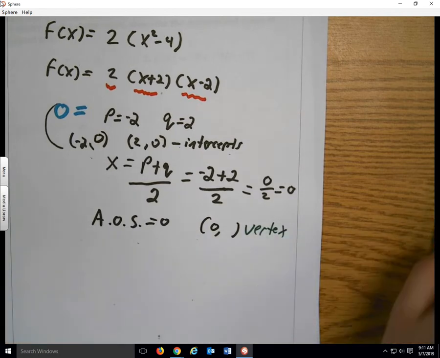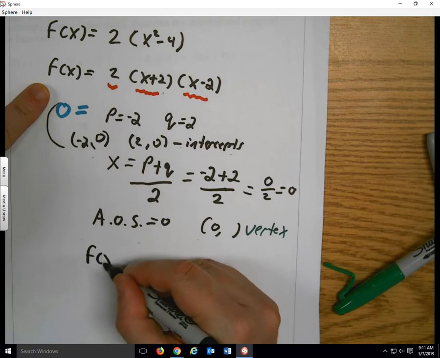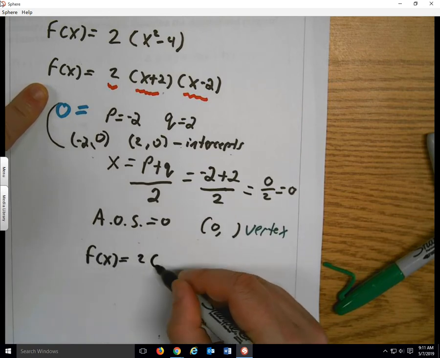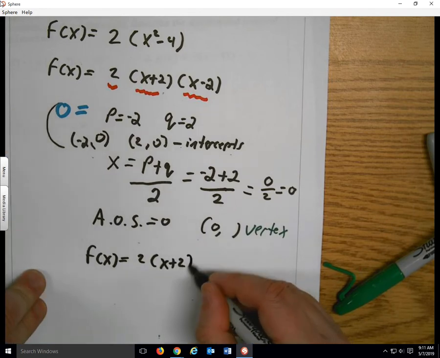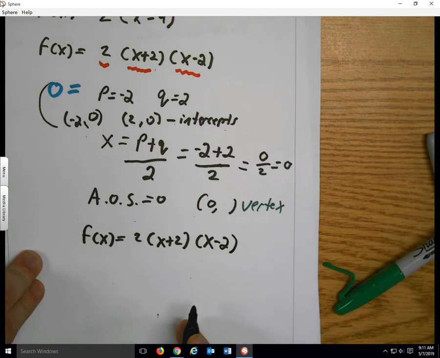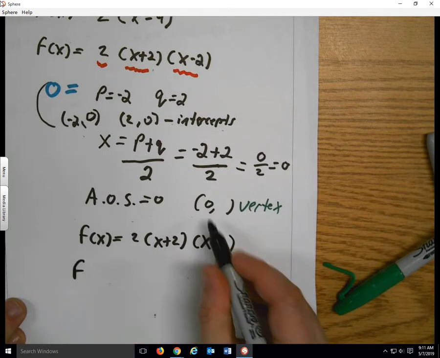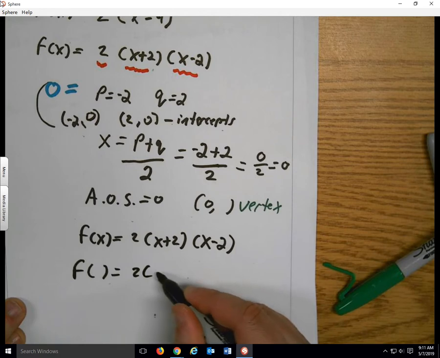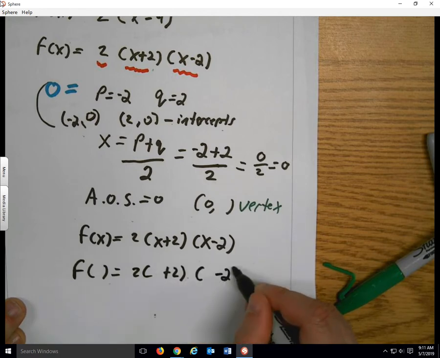Let's do that. So I'm going to take this equation, f of x equals 2 times x plus 2, x minus 2. But instead of an x, when I rewrite it, I'm going to substitute a 0. So it's f of something equals 2 times the quantity of something plus 2 times something minus 2.